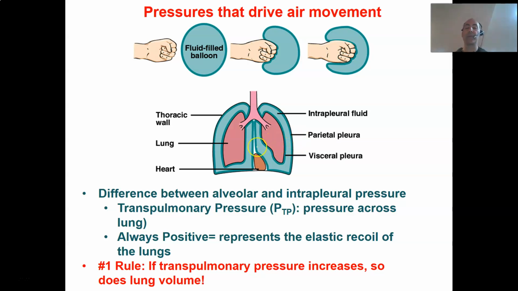The transpulmonary pressure is always positive and represents the elastic recoil of the lungs.